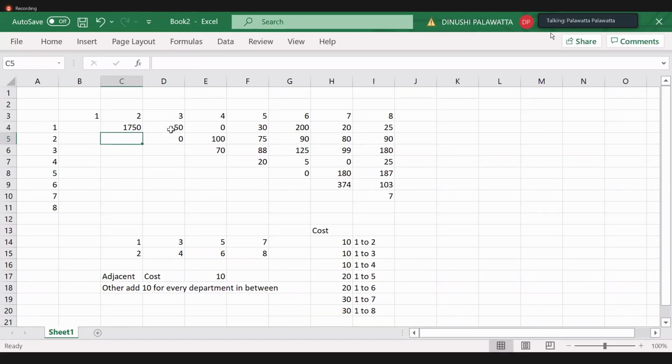And then 1 to 3 is also 10 multiplied by 50. That's 500. 1 to 5 is 20 multiplied by 30, that is 600. 1 to 6 is 20 multiplied by 200.